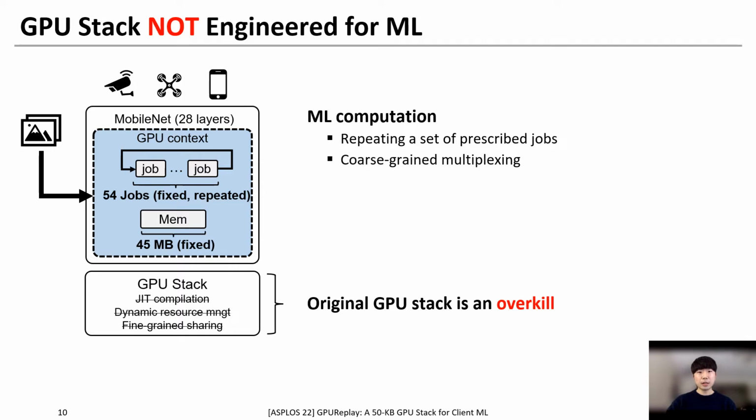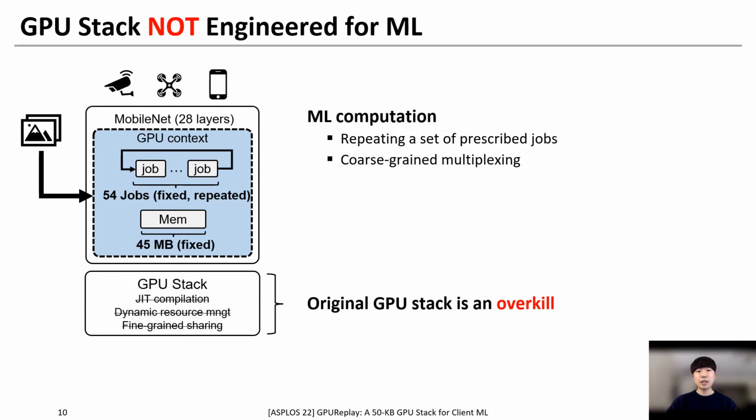Now let's take a look at the machine learning workload and see what's different from graphics. Unlike graphics, machine learning applications run a predefined network requesting a small set of GPU jobs repeatedly. For instance, MobileNet consists of 28 layers and generates 54 jobs, which is fixed and repeated on each run. On top of that, on client devices, machine learning workloads often share the GPU in a coarse-grained manner.